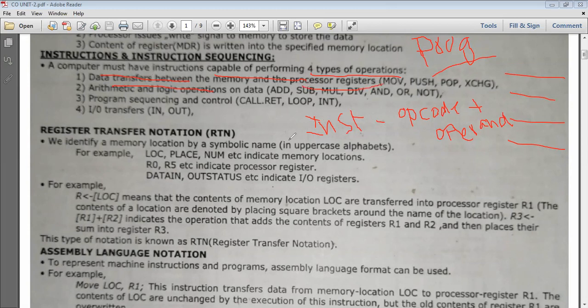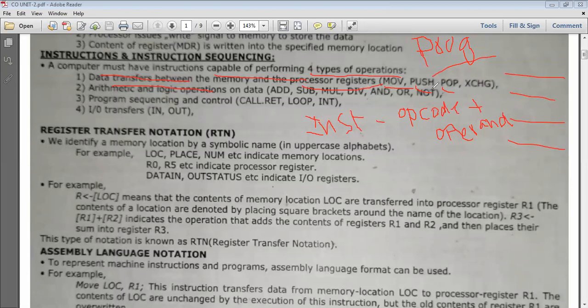Data transfer means the main mnemonic which we use regularly is move. Push and pop: push means inserting the element, pop means deleting the element. In stack operations, we are using push and pop operations.